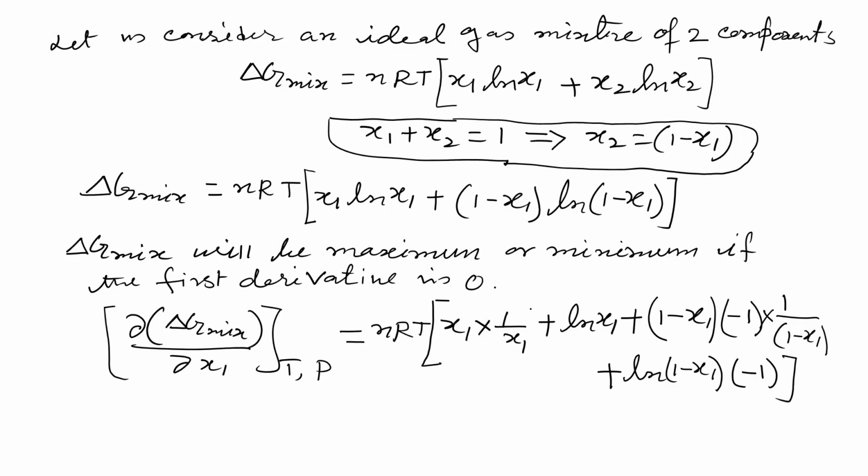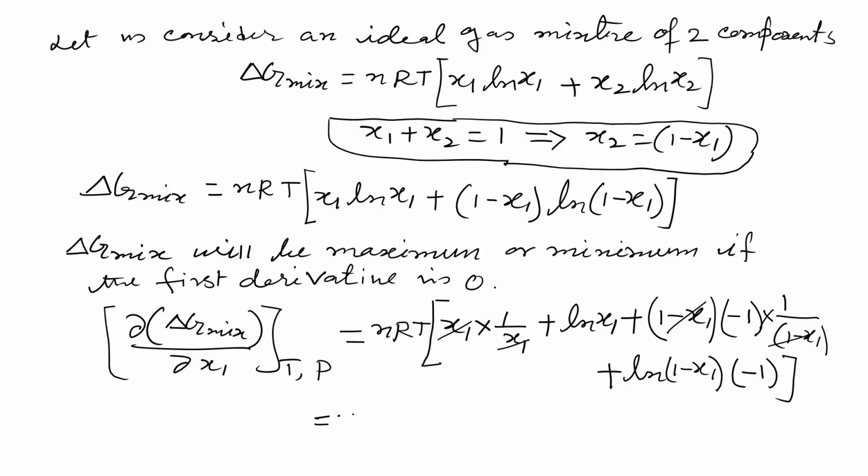Okay. Now we look at here what is left over. See, x1 is getting cancelled. Then here also 1 minus x1 is getting cancelled. So what is left over?